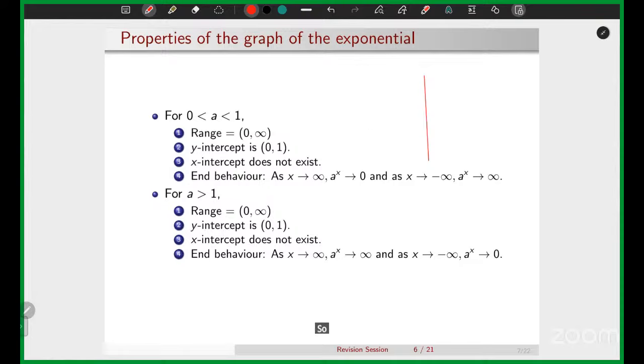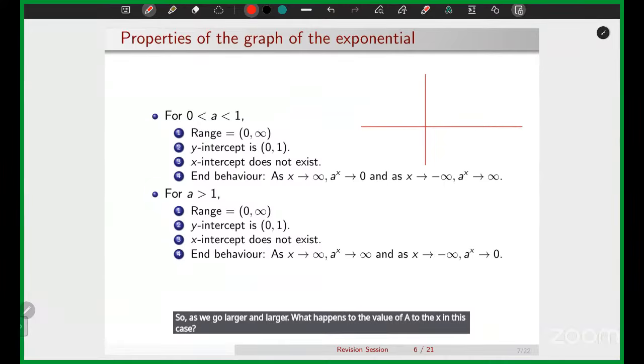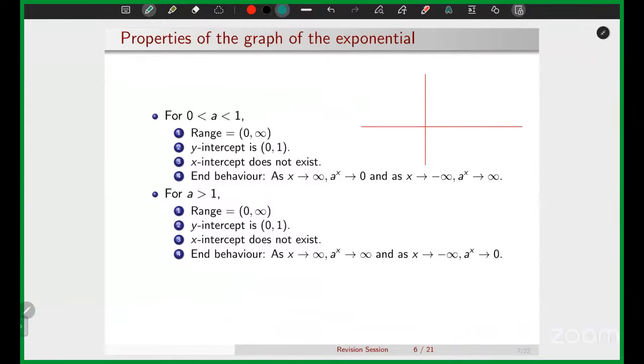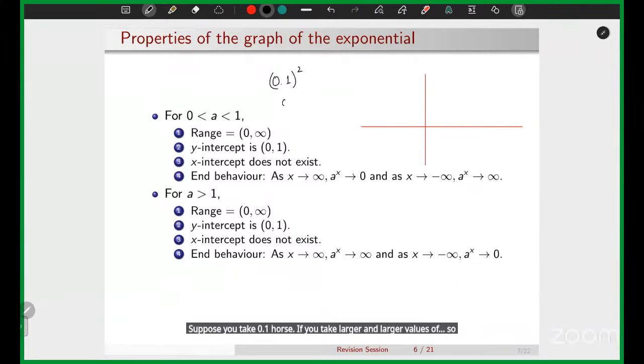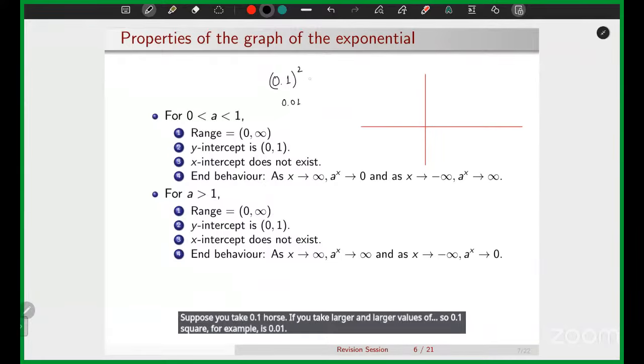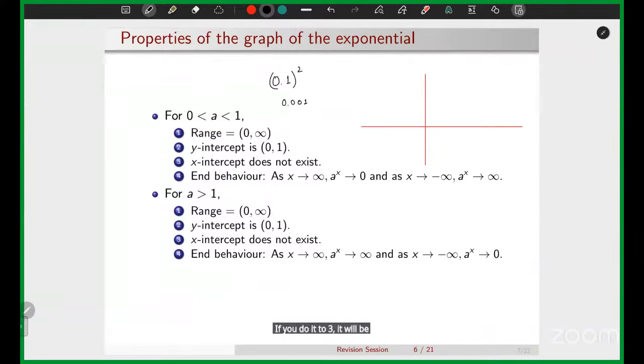As we go larger and larger, what happens to the value of a to the x in this case? Suppose you take 0.1 or so. If you take larger and larger values of x, 0.1 squared, for example, is 0.01. If you do it to 3, it will be 0.001, and so on.